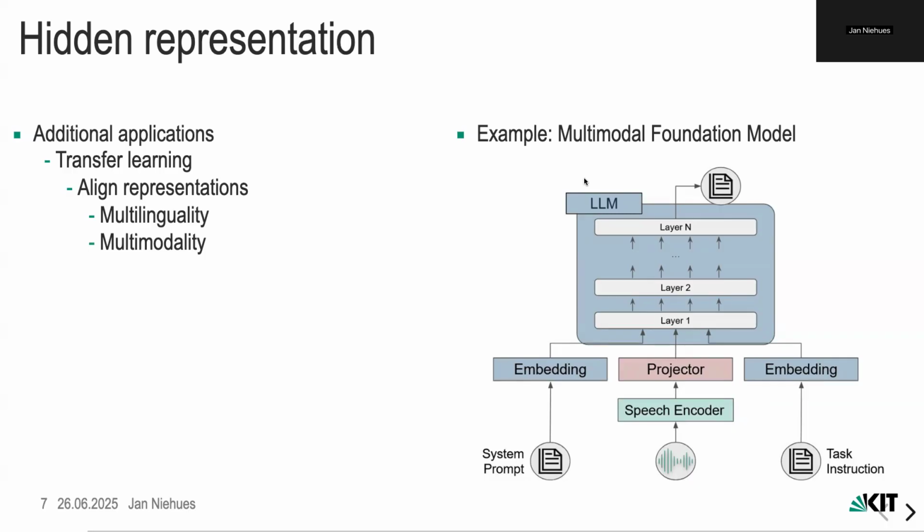And now it's again the problem. Of course, typically there's much more data in text than there's multimodal data. It's always easy to get pure text data, but if you want to have different modalities, things get difficult. So again, the idea would be, if your language model is trained very well on a lot of text, how can we easily adapt this knowledge so that it can also process audio as input?